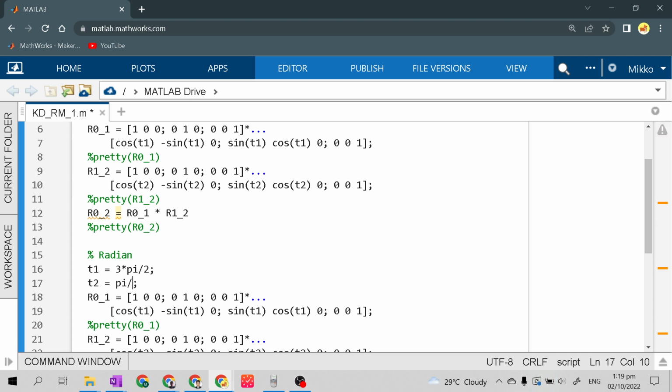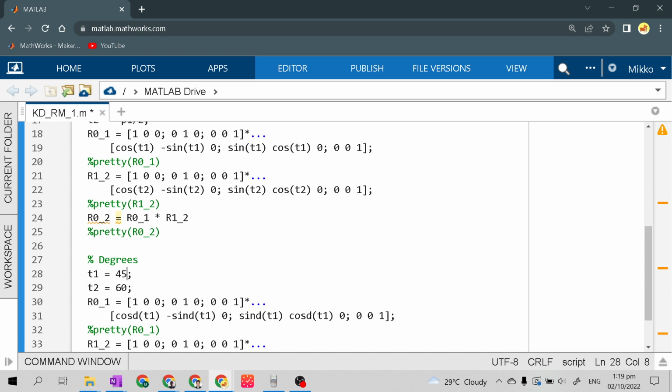Then another one, negative pi over 2. So this is negative 90 degrees. What is negative 90 degrees? Isn't negative 90 degrees also 270 degrees?